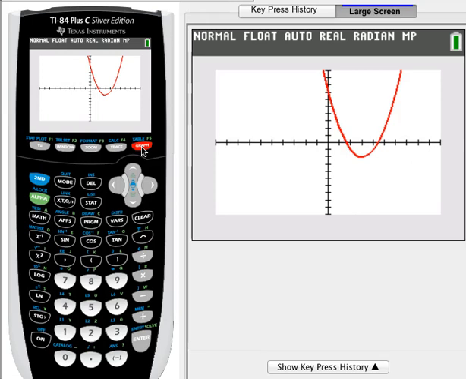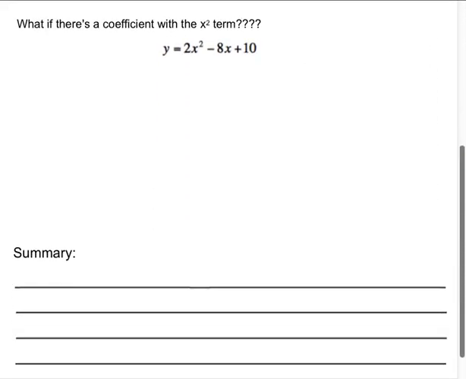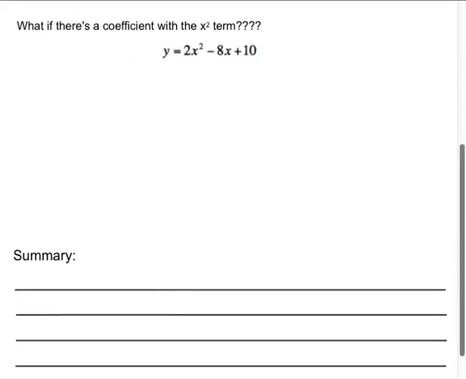Okay, now let's do a more complicated one. Let's do a challenge like this. The first thing that I'm hoping you realize is notice this 2 right here. And remember, when we're doing the completing the square process, we really don't like having that 2 there.